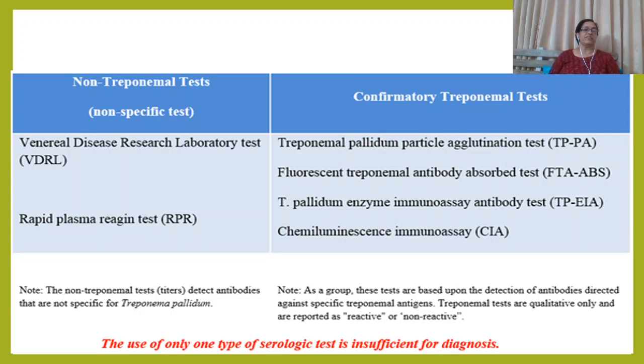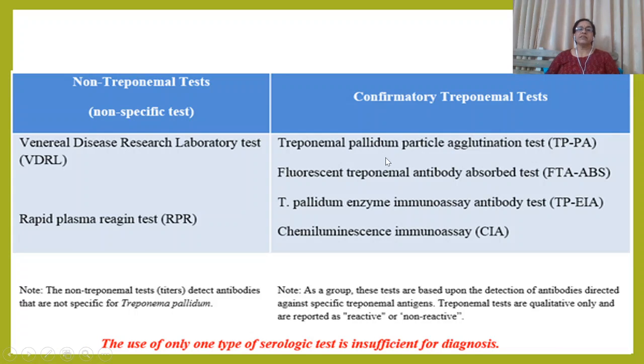One important test included in this non-treponemal category is VDRL, the Venereal Disease Research Laboratory test. And the second one is the Rapid Plasma Reagin test, or RPR. Here, this non-treponemal test detects antibodies that are not specific to Treponema pallidum, so-called non-treponemal test.